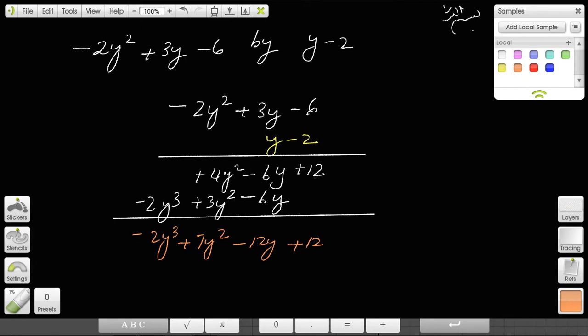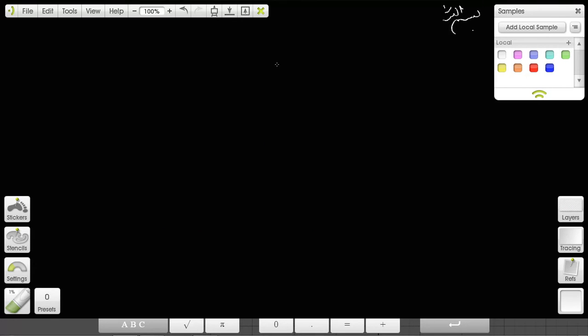I just want to do another example in this way, and then we'll finish, inshallah. So I have 3x squared minus 2x plus 4, and I'm going to multiply that by x plus 3. This is the vertical method. I start with the 3 over here, and I distribute.